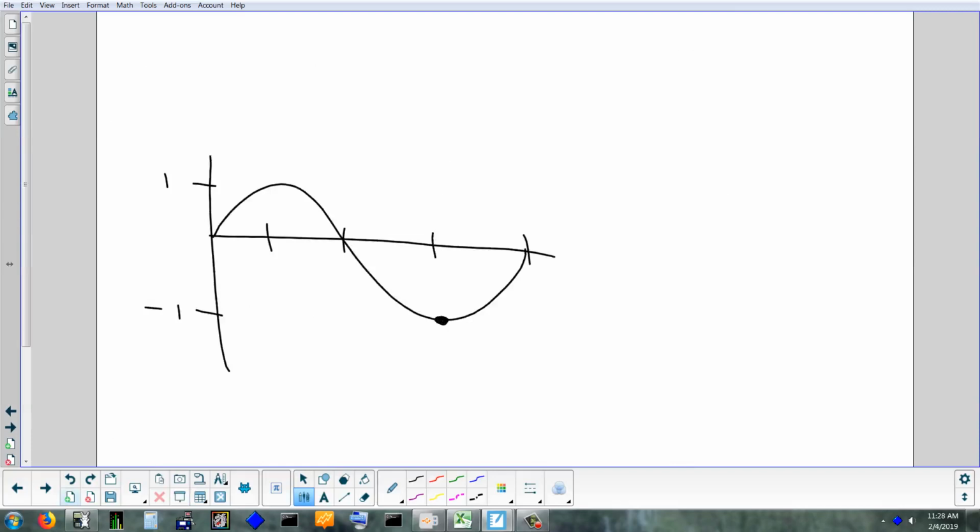Right there. If you can figure out what that coordinate is, that's the answer to the problem. So look at the cycle. It hits negative 1. How far through the cycle? 3/4. It's 3/4 of the way through the cycle.